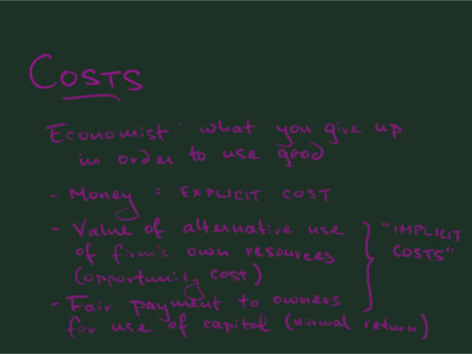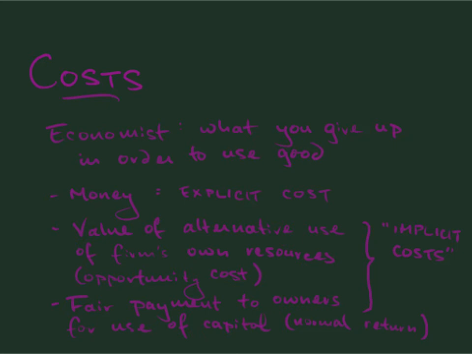I paid $10 for a movie ticket, but I also have to give up 2 hours of my time to watch the movie. And if time has value to me, the cost of watching the movie is not simply the price of the ticket, but also whatever else I give up with my time.